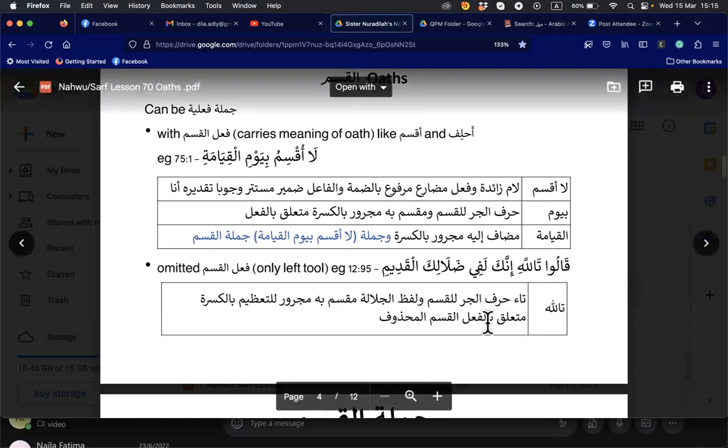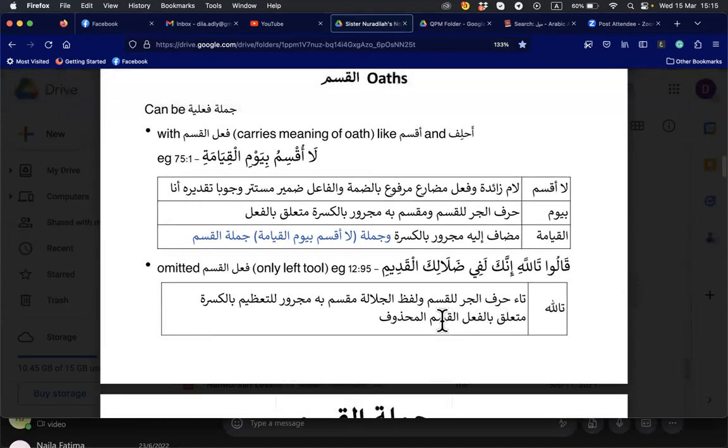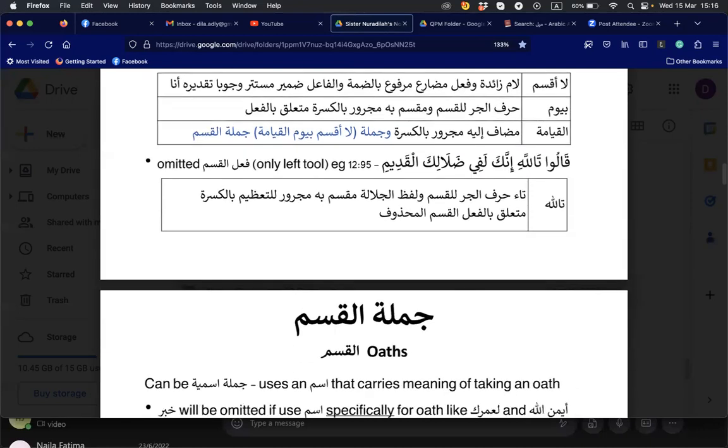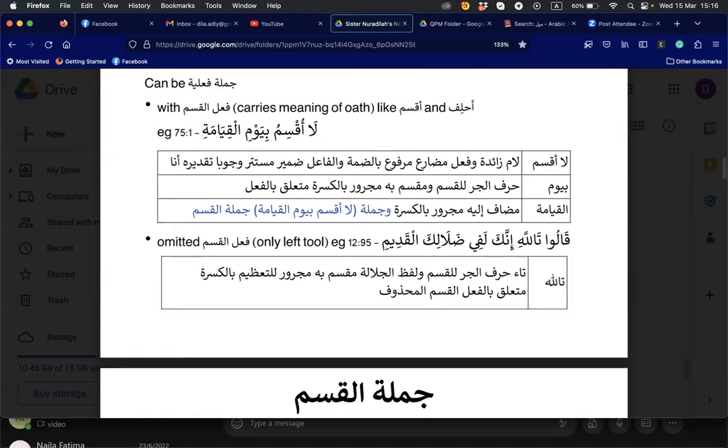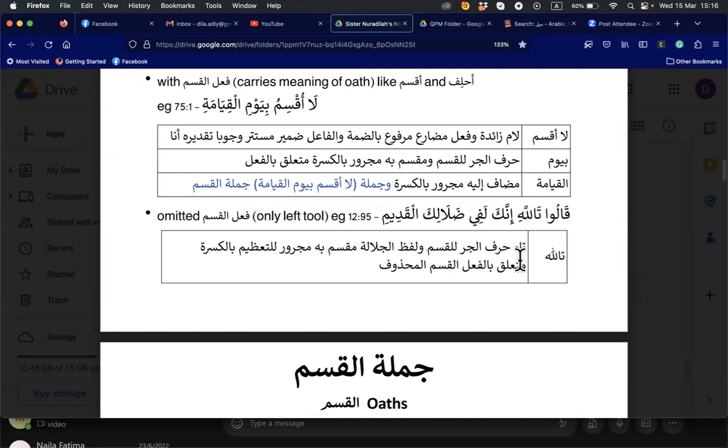So it's muta'alliq bil fi'il al-qasam al-mahzuf, which is of course the easiest one, uqsimu lah. But you don't have to mention that actually, because it's going to be omitted anyway. You cannot use uqsim with ta. Yes, in Surah Yusuf. So you have your answer here.